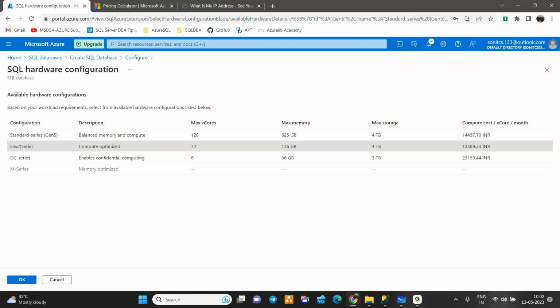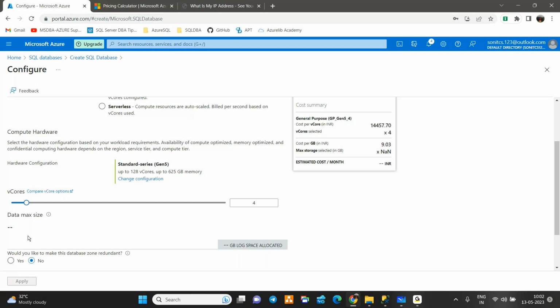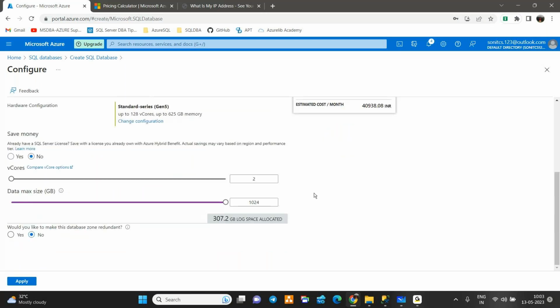As of now, in a free trial, I can't go for any other. I can go for standard only. Click on OK, and I can choose only 2 cores, and maximum 1 TB. Out of 1 TB, 300 GB is going for the log file, and 700 GB is going for the data file. But again, that is in the free trial.